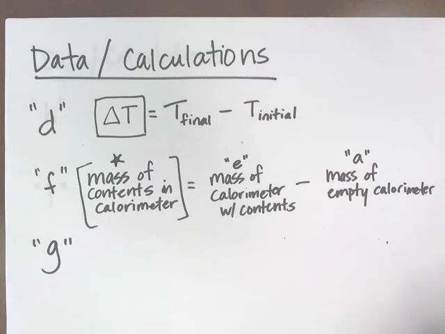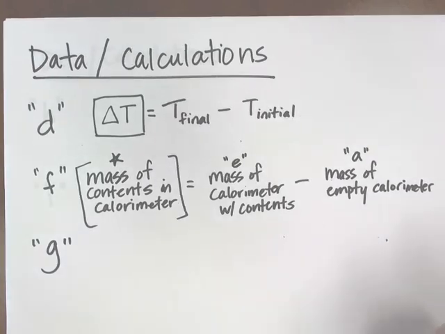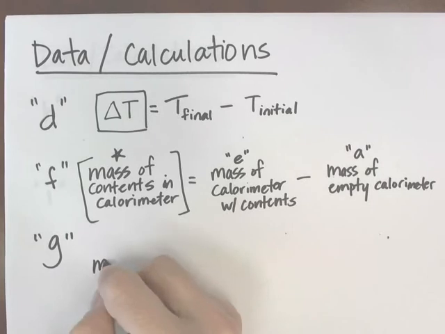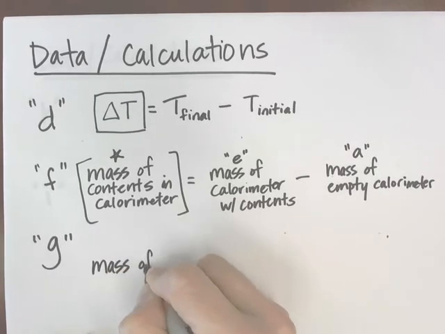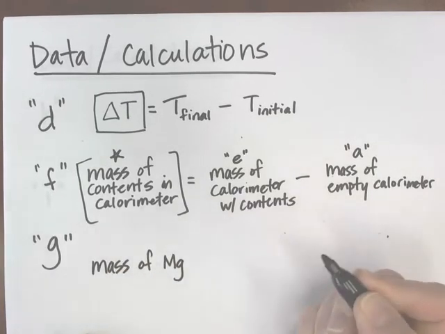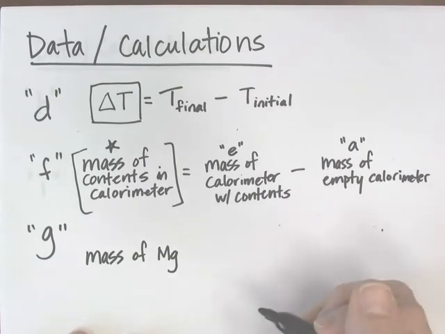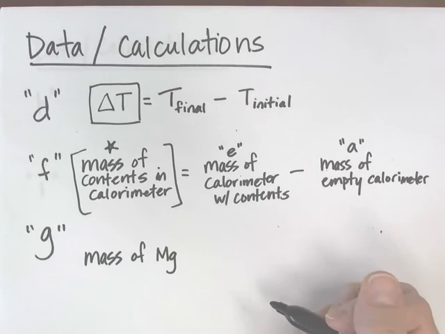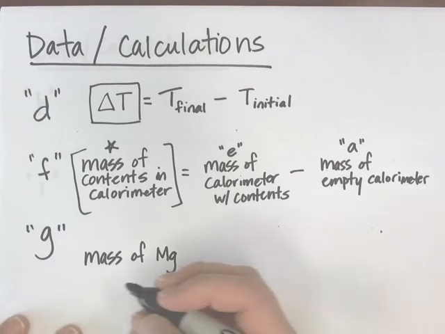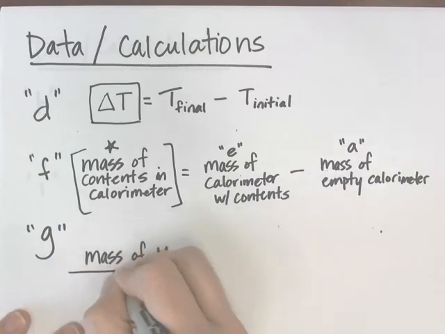For part G, you're going to be working with the mass of magnesium. So it's just the small piece of magnesium that you are told to use. Either in the virtual lab, you're given a specific amount, or in the real lab, your small piece of magnesium, you need to report the mass of it, and that'll be in grams.